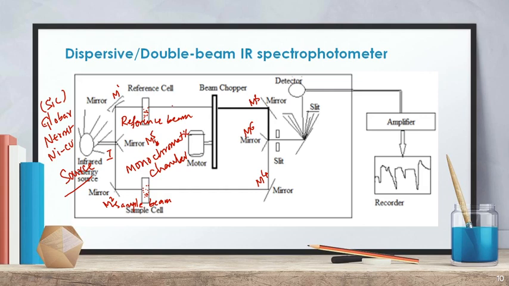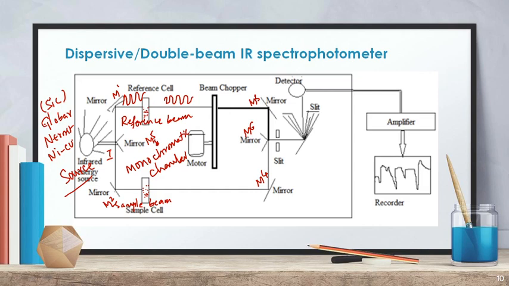The transmittance must be very high. If the reference beam has a wavy nature like this, when it interacts with the reference compound, the amount of absorption in the reference cell is very low. So the transmitted radiation will have an intensity like this, because the intensity has not decreased much as the absorption is less here.